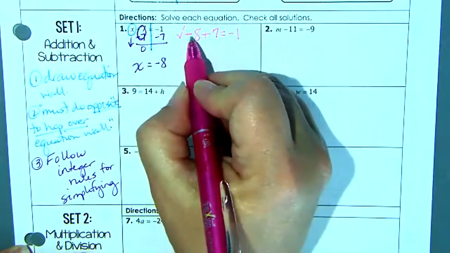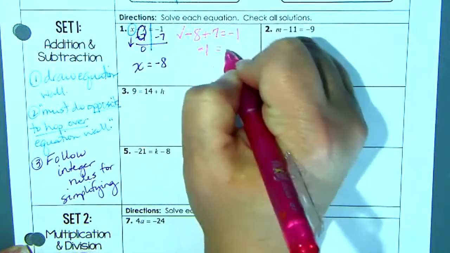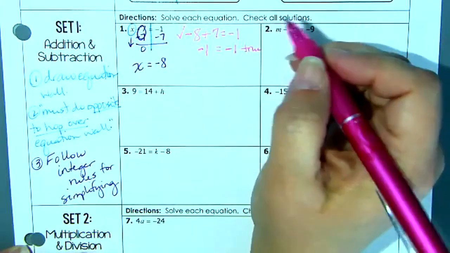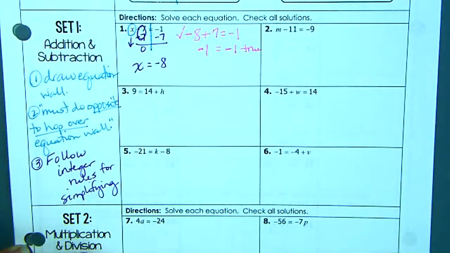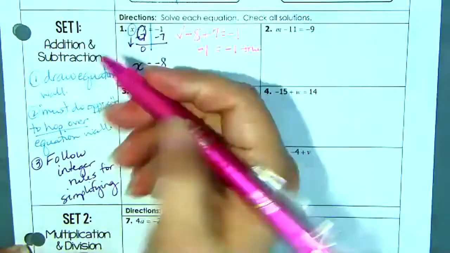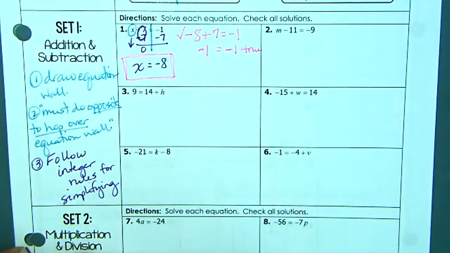So now I simplify. -8 plus 7 is -1, equals -1. This is a true statement. So therefore, my answer is x equals -8. This is correct. All right, next problem.